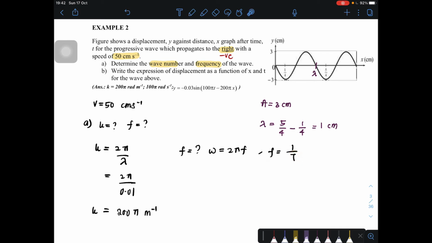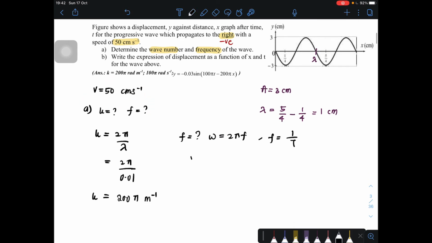So we do not have the period, because our graph is against x, distance. If our graph were against time, here would be t, and we could get the value for period. Now since we are not given any of this information, this one not given, this one also not given, but we are given the value for speed.